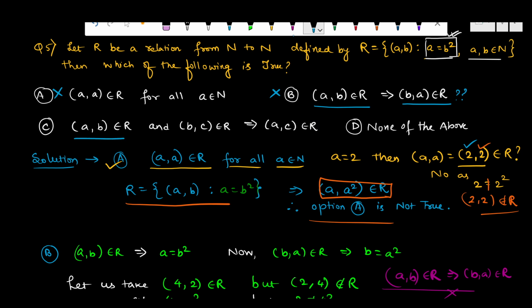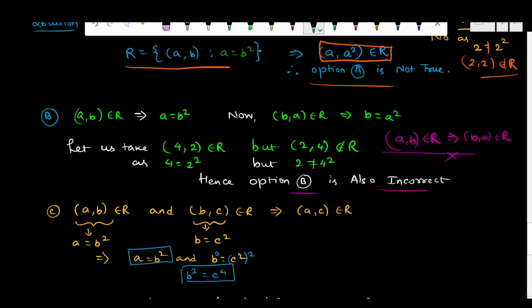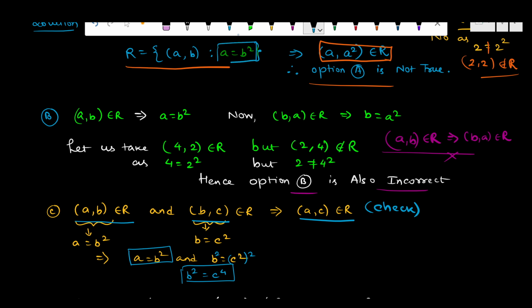Similarly, we check C over here. Now (a, b) belongs to R and (b, c) belongs to R. This implies (a, c) belongs to R, right? Now we need to check this. Since (a, b) belongs to R, it must satisfy this condition, a equals b square, right?